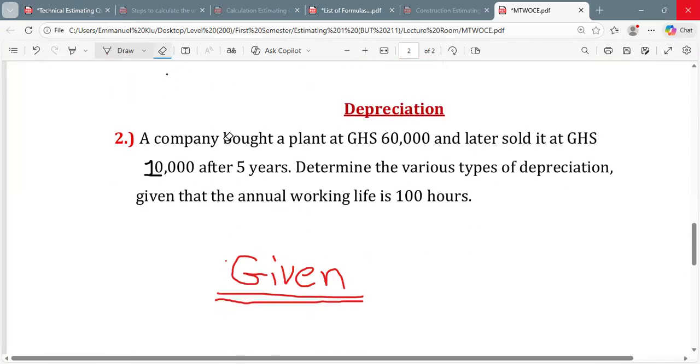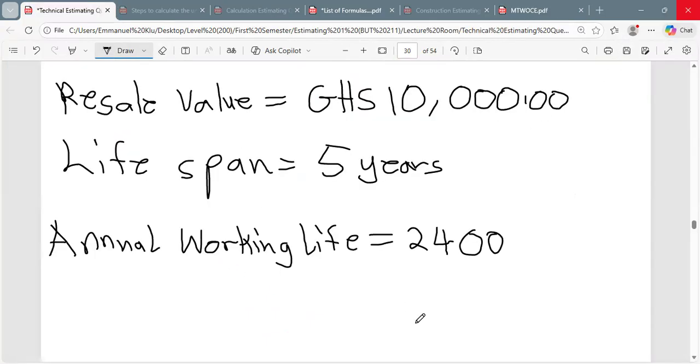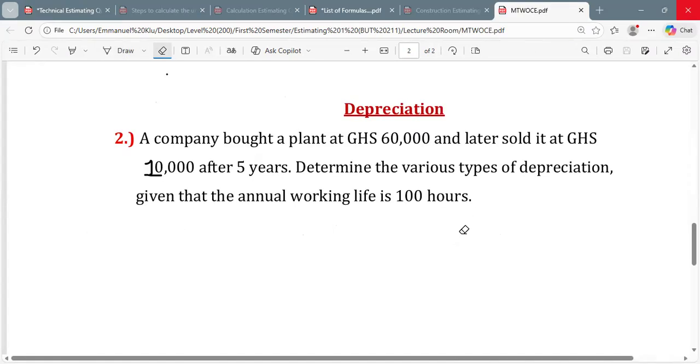Our given is not supposed to be here. That was nearly a mistake I made. So this is just supposed to be 2,400 hours.